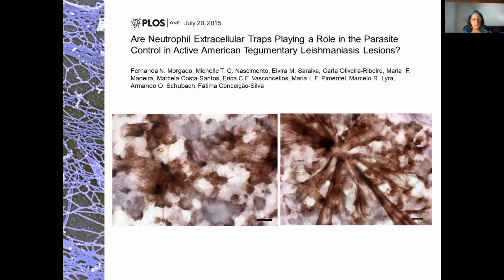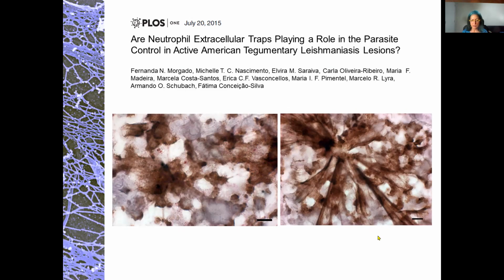So here you can see the amastigote, that is the form of the parasite that's inside the vertebrate host. And those are NETs labeled in brown, stained with antibody anti-elastase. And as you can see, there are some patients that produce huge amounts of these structures in the lesion.